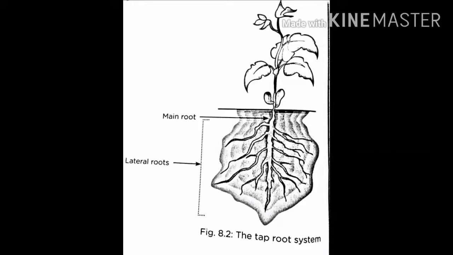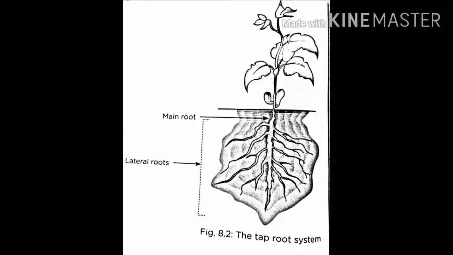See this picture. The main root is there and then the lateral roots are coming out from the main root. This kind of root system we call a taproot system.